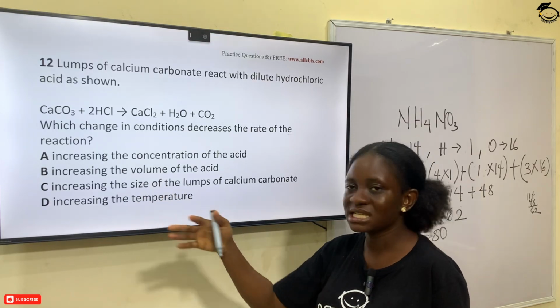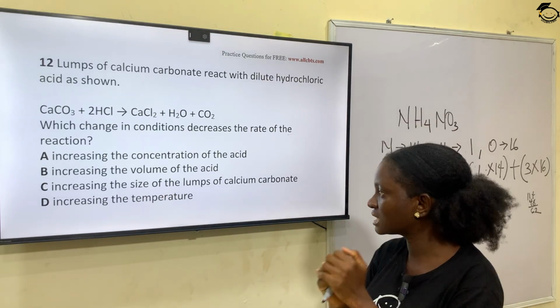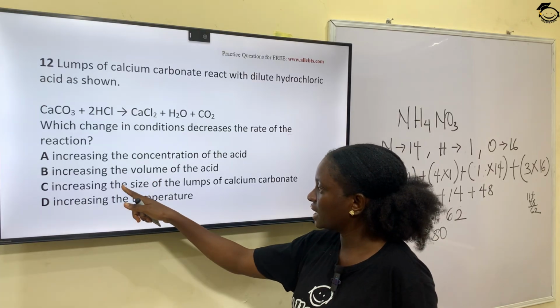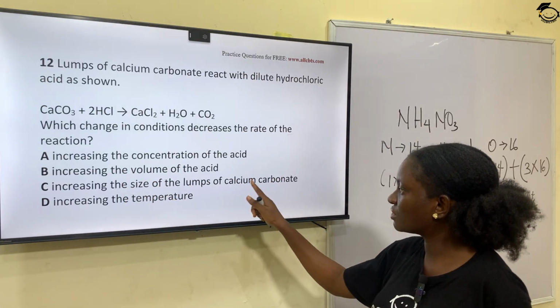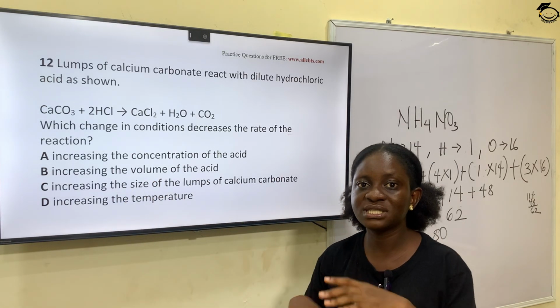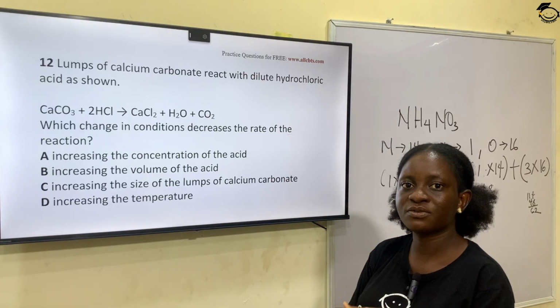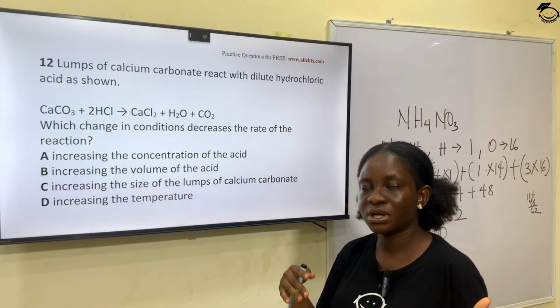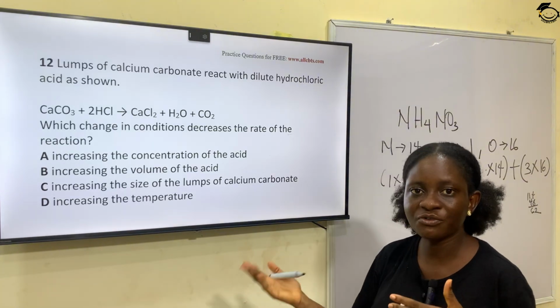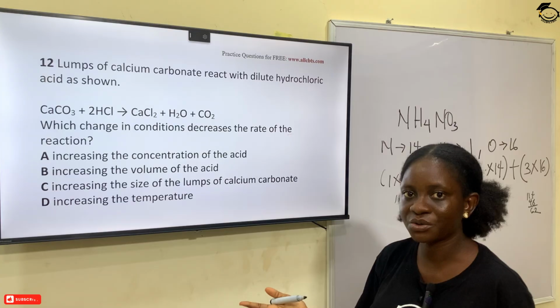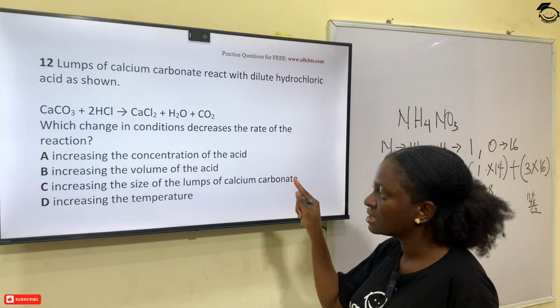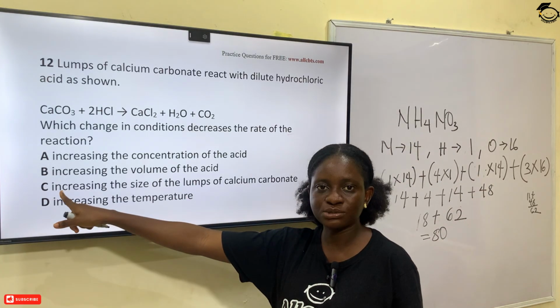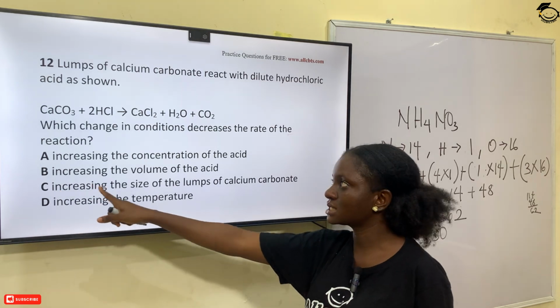But in this case, it's in solid state, so increasing the size of the lumps of calcium carbonate would decrease the rate of chemical reaction. There will not be an increase in collision, free movement of molecules. So that would decrease the rate of reaction. That means option C is the correct answer.